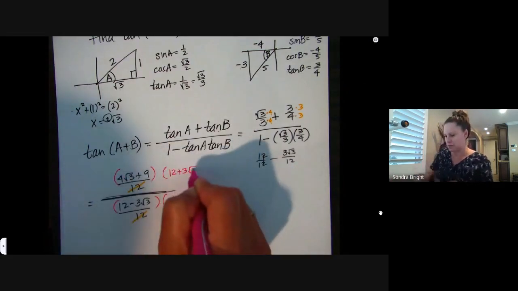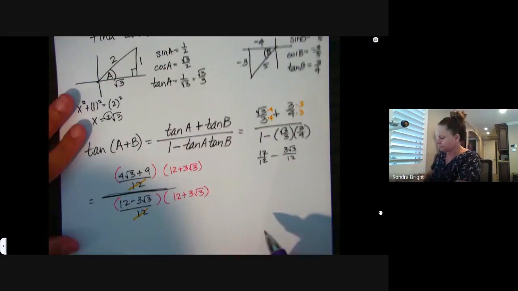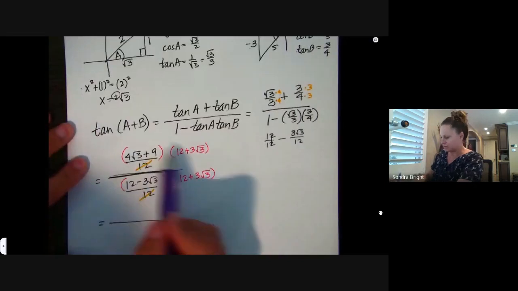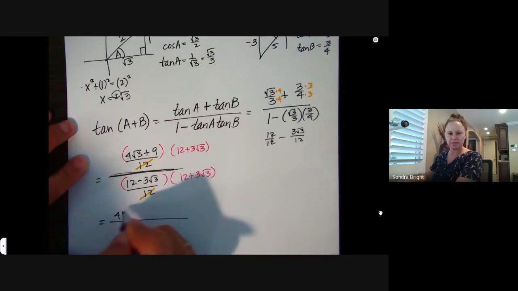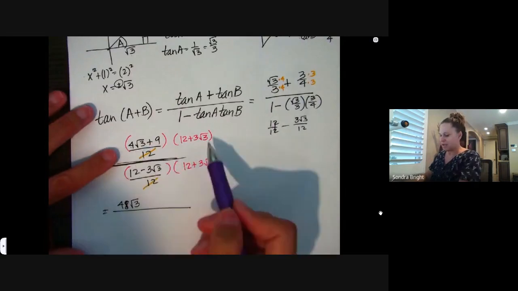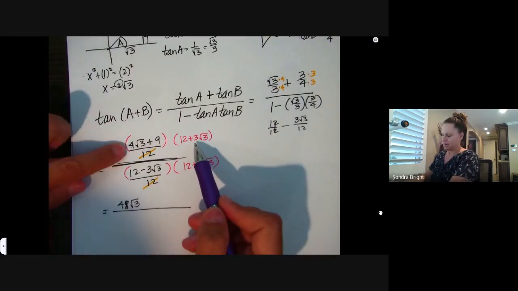All right, so that I get, I'll come down here. FOIL it out. 4 rad 3 times 12 gives you 48 rad 3. So just multiply the 4 and the 12. Outer and outer would be 4 times 3 times rad 3 times rad 3.